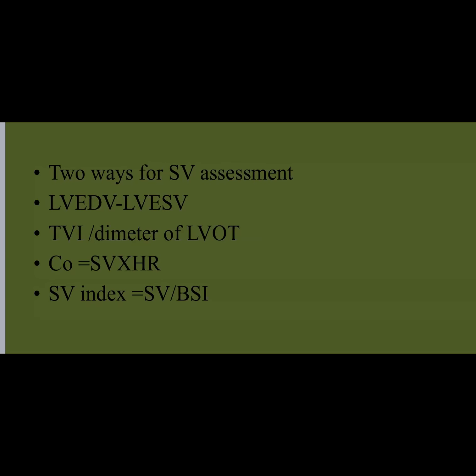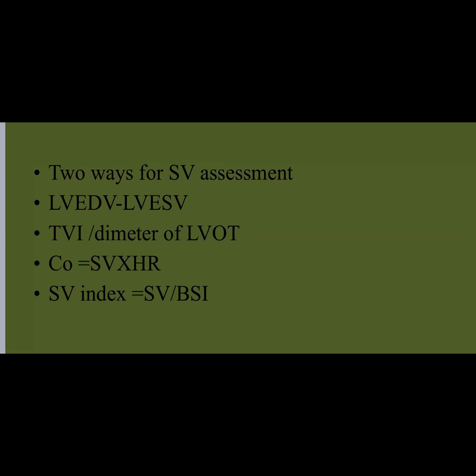The abnormal stroke volume in terms of index is how much? Less than 35 ml per meter square. Remember, in paradoxical AS, which we discussed in the very first lecture, paradoxical AS is normal ejection fraction but low gradient across the aortic valve because of low stroke volume. And how do we define low stroke volume? By a stroke volume index less than 35 ml per meter square.